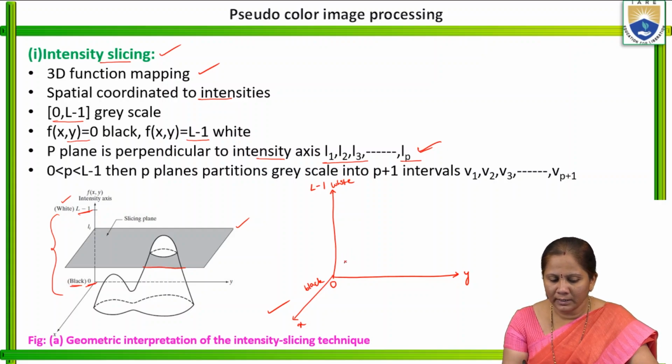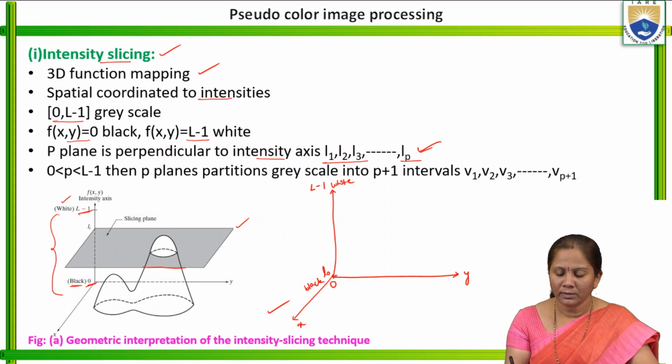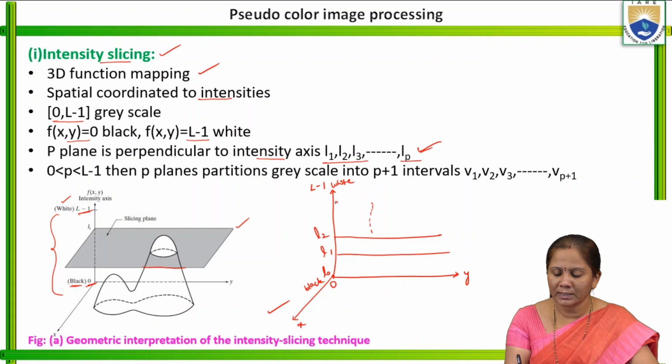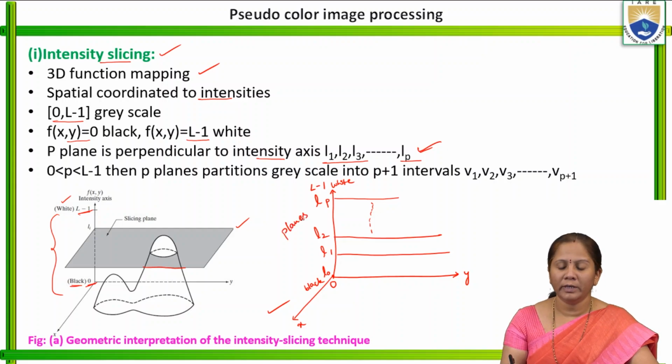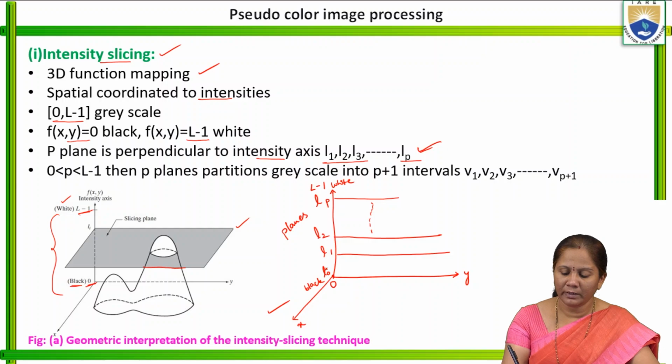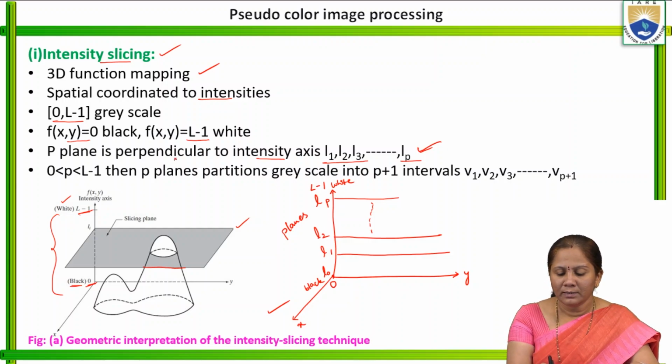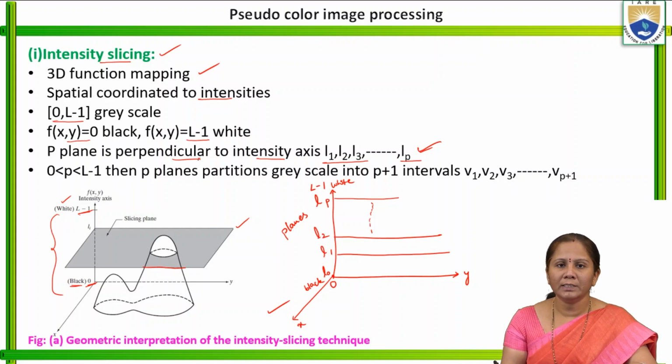Let us consider at the origin the level is L0, the next level L1, next level L2. Like that we can have different levels of intensities and the last level, consider this is LP. So all the planes are separated from L0 to LP. So P is the plane which is perpendicular to the intensity axis.